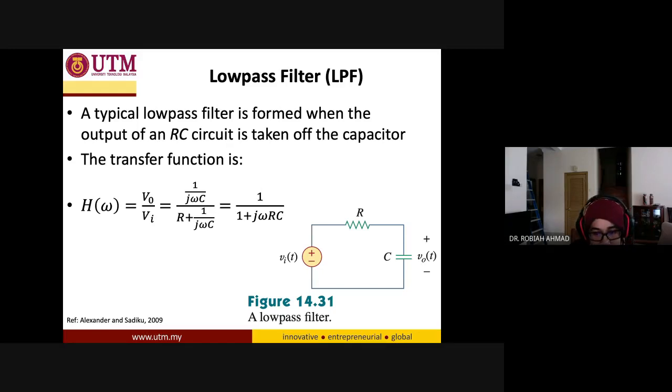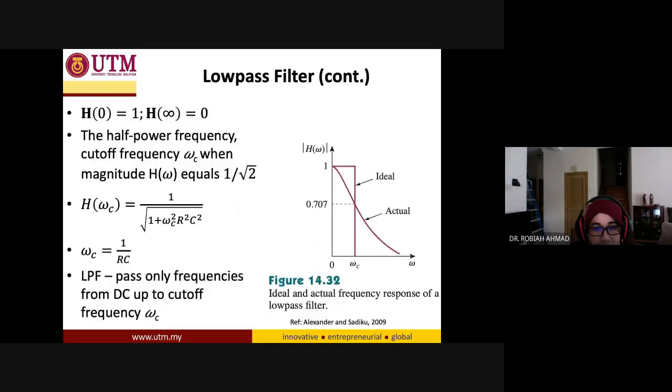Why is it a low pass filter? We will look at the example. In a low pass filter, we said just now that at 0, the gain or the transfer function is 1, and later it will turn into 0 at infinity. And we set the cutoff frequency at the half power frequency, meaning that it is 70% of the actual signal.